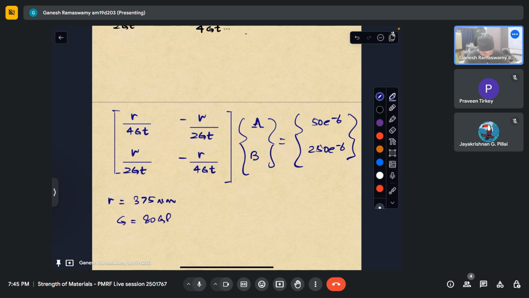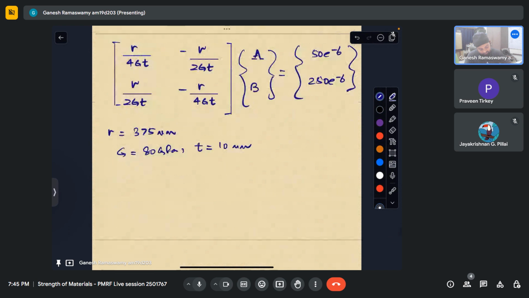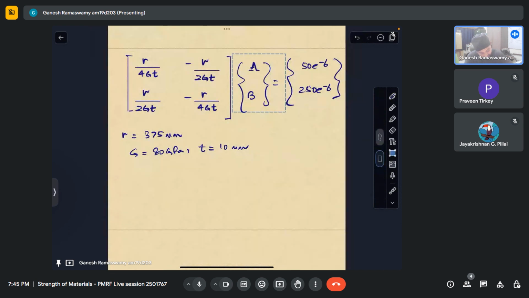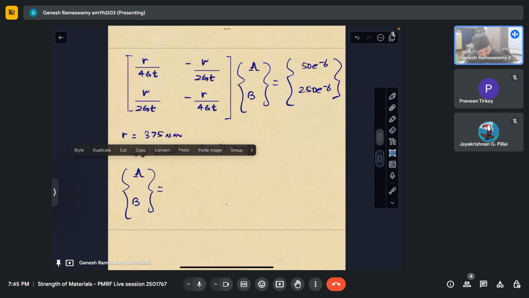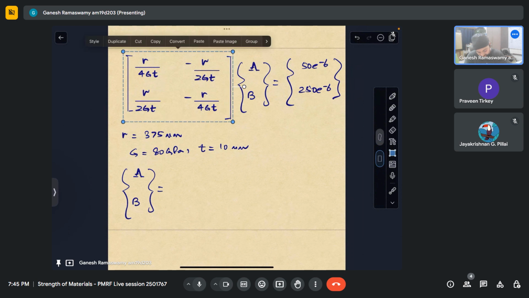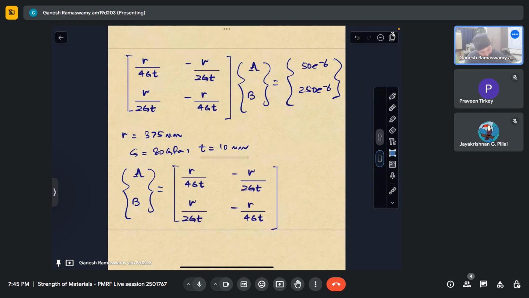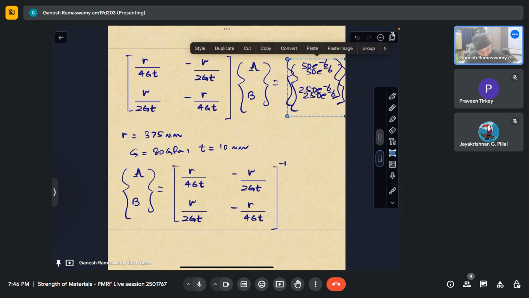Thickness T is given to be 10 mm. So therefore, this A and B, if I calculate, will be the inverse of this into this.